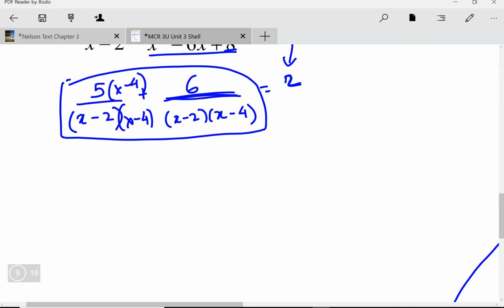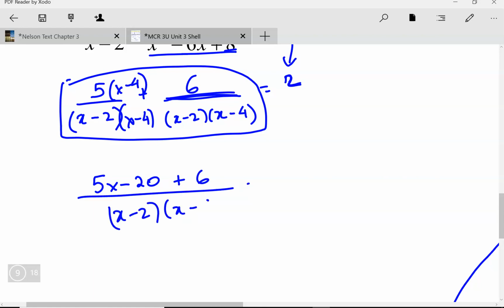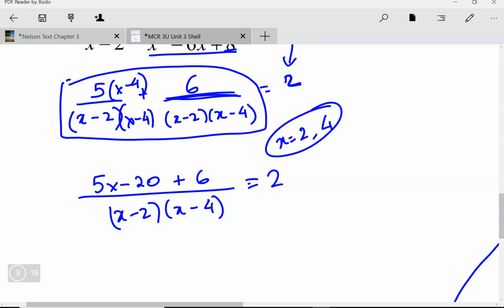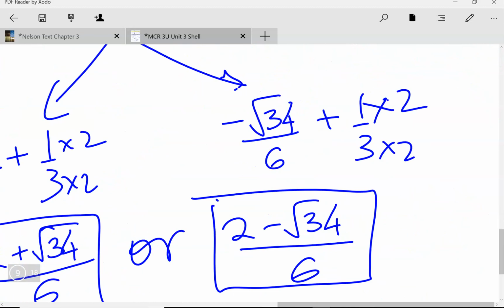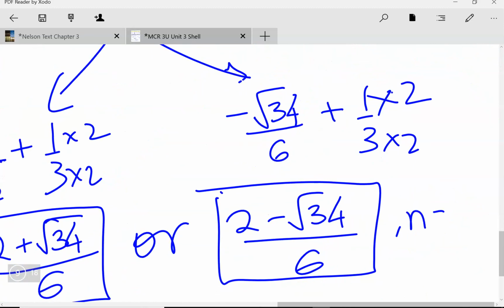Here on this side I have 5x minus 20 plus 6, divided by x minus 2 times x minus 4, equals 2. And of course here we are going to state our restrictions, x not equal to 2, comma 4. Important to carry that along with us all the way. And even here I guess I should, at the final answer, state n not equal to 0.